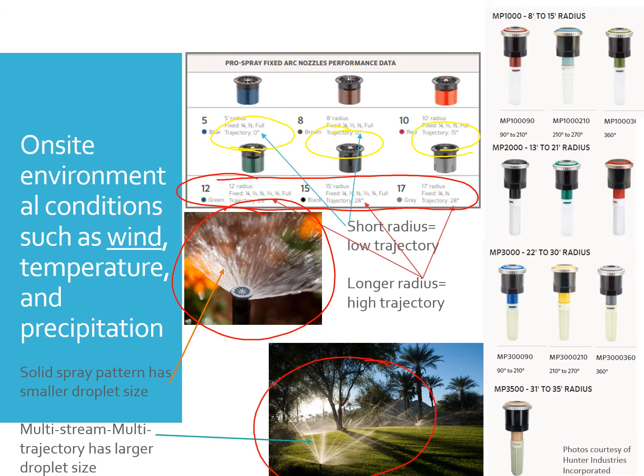And you'll see over here in this chart, they don't list the trajectory for the MP Rotators because it is a multi-trajectory nozzle, which means the streams are coming out at various different trajectories as they emit from the nozzle. So keep in mind that although they are a lower flow, they have these directional streams with a larger droplet size, so they're less prone to be taken off in the wind.